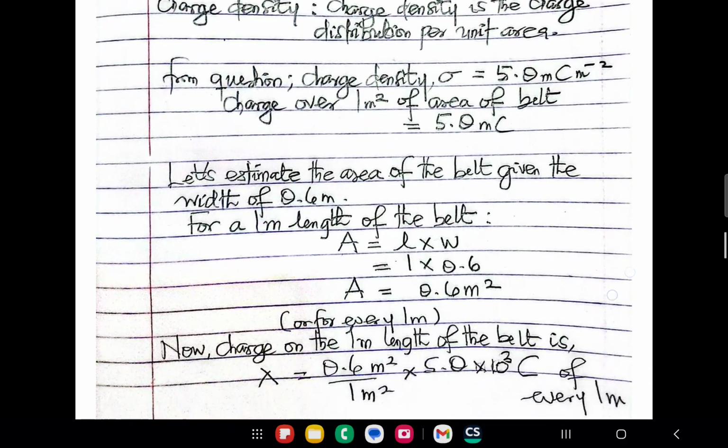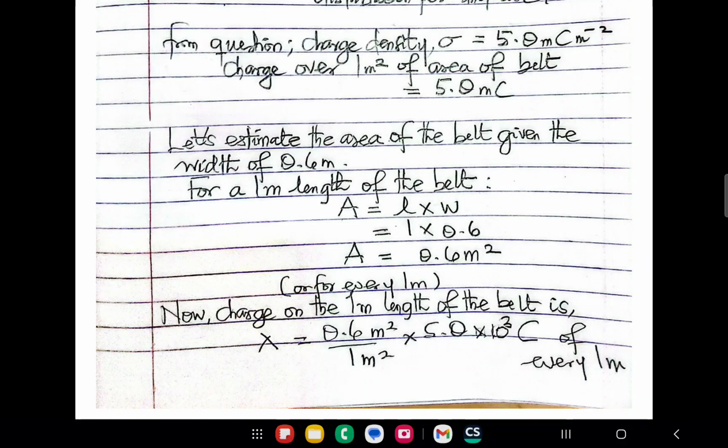Now let's find the quantity of charge for that. Picking 1 meter as the length of the belt, the quantity of charge found on that 1 meter of the belt is given as 0.6 meters squared divided by 1 meter squared, because the density is per meter squared, times 5.0 times 10 to the power minus 3 coulombs.